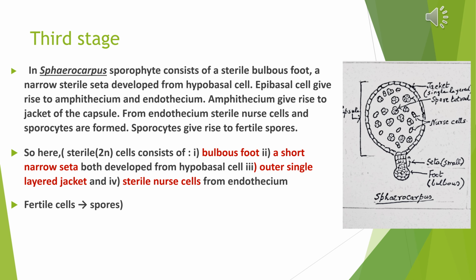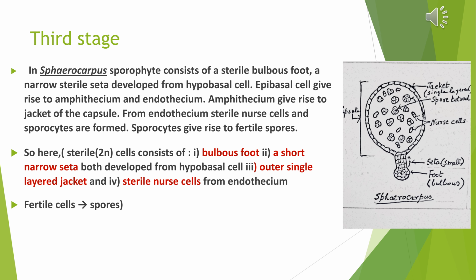Here we come to the third stage. The third stage is exemplified by the Sphaerocarpos sporophyte. It consists of a sterile bulbous foot, a narrow sterile seta and a capsule. The sterile bulbous foot and short narrow sterile seta are both developed from the hypobasal cell. The outer single layered sterile jacket of the capsule is developed from amphithecium, and sterile nurse cells are developed from endothecium.